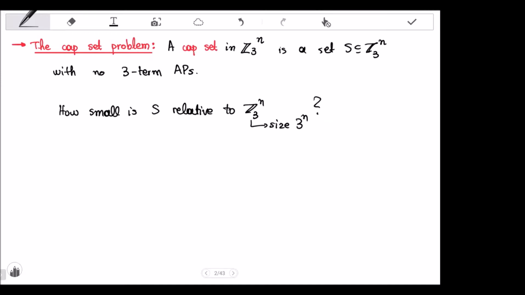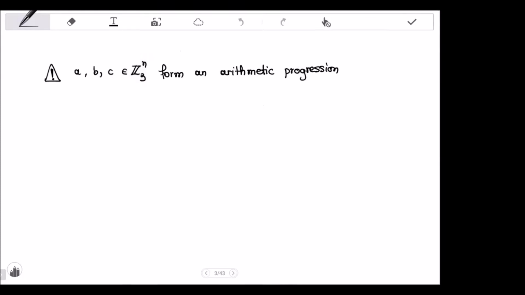Let's just understand a bit better what an arithmetic progression is in this setting, because we're probably more used to them in the setting of integers. So 3 points that are vectors now in Z3 to the n form an arithmetic progression if and only if there exists a d that's non-zero, not a zero vector in Z3 to the n, such that b comes from a by adding d, and then c comes from b by adding d again, or a by adding 2d.